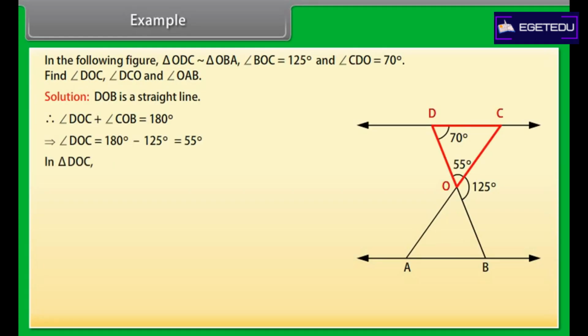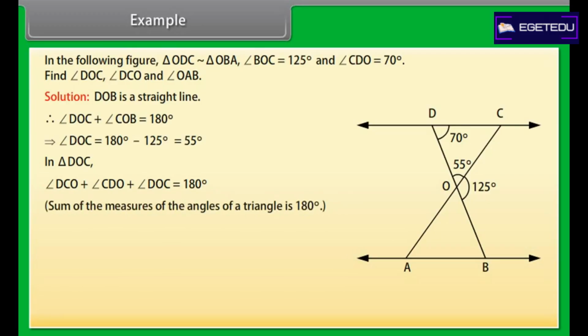In triangle DOC, angle DCO plus angle CDO plus angle DOC equals 180 degree. Sum of the measures of the angles of a triangle is 180 degree, which implies angle DCO plus 70 degree plus 55 degree equals 180 degree, which implies angle DCO equals 55 degree.